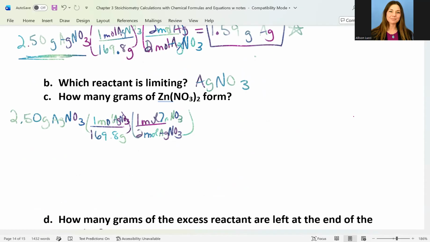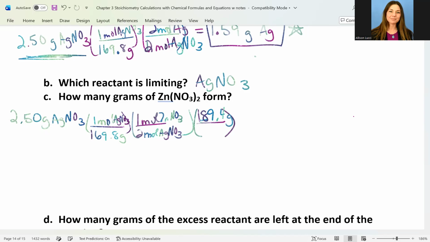And so we'll multiply 2.5 and then just divide by 169.8, divide by 2. And we forgot our last conversion factor. We'll multiply by the molar mass of zinc nitrate, which would be 189.4 grams.